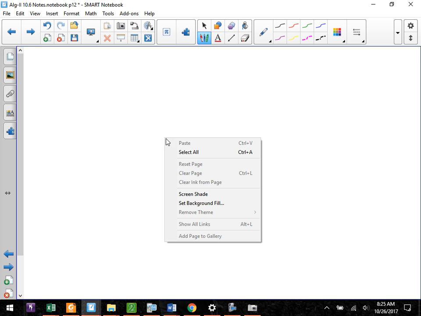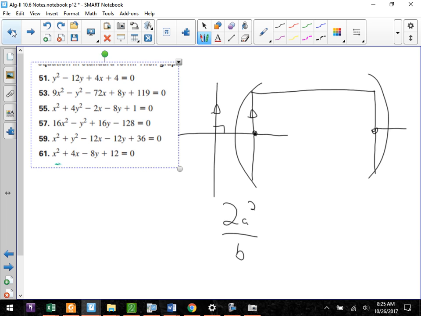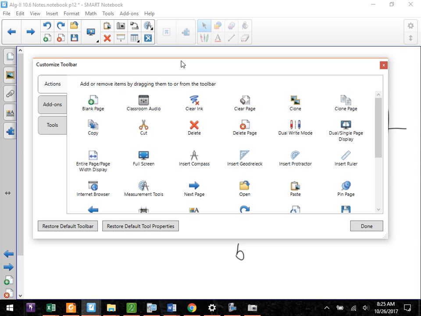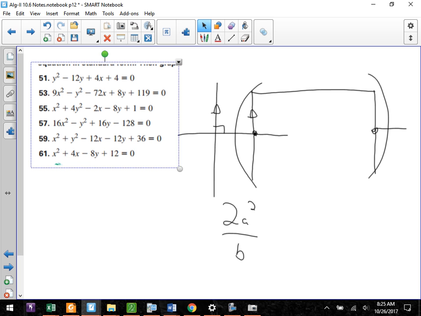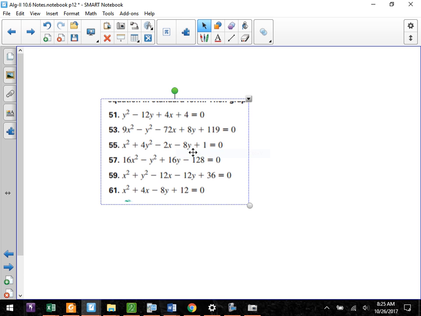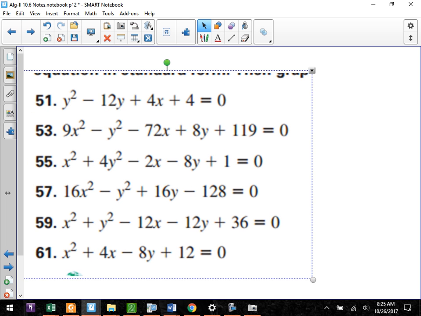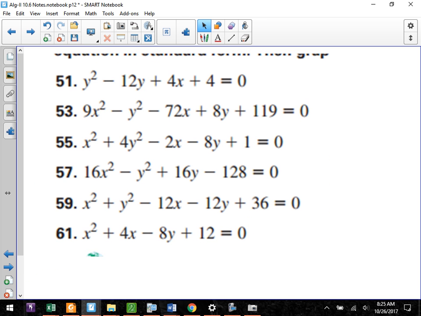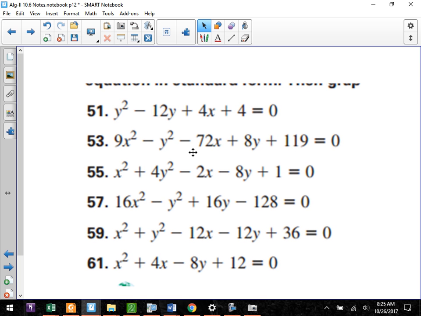Homework-wise, you saw me press copy, right? It's the same page on 10.6 that you guys were working on. I think it's just the next page over. So whichever one that was, it's just still 10.6.